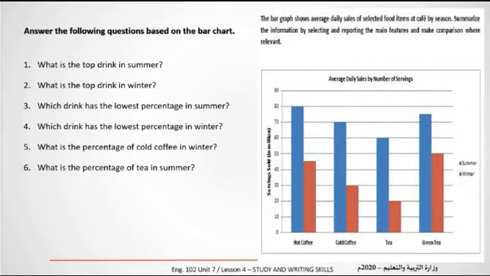We have Mahmoud Adil. He says hot coffee, number 1, green tea, tea, and number 4. He didn't answer number 4 and 5 and 6. Okay. Turki Abdullah. He says hot coffee, green tea, tea, 30%, 60%.